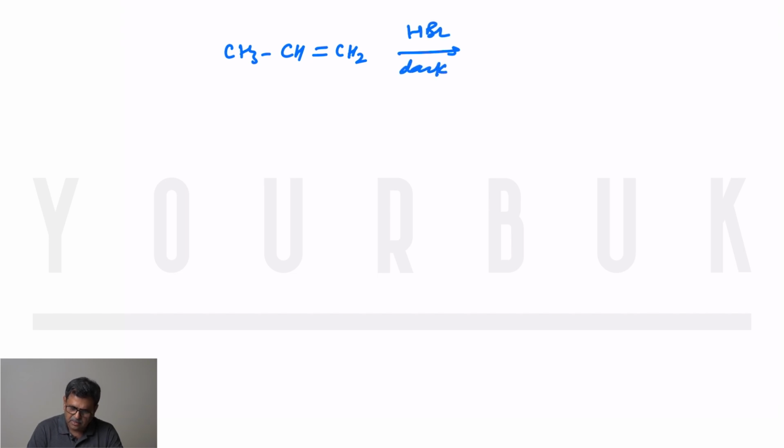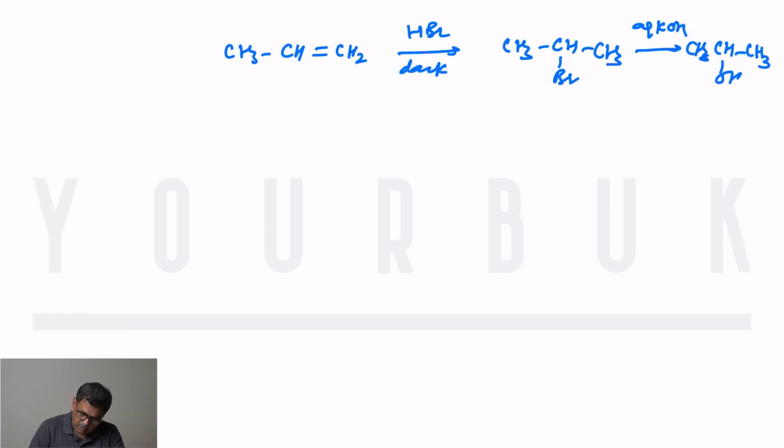Propene with HBr in dark follows Markovnikov addition and gives 2-bromopropane. When treated with aqueous alkali, KOH or NaOH, this gives propan-2-ol.